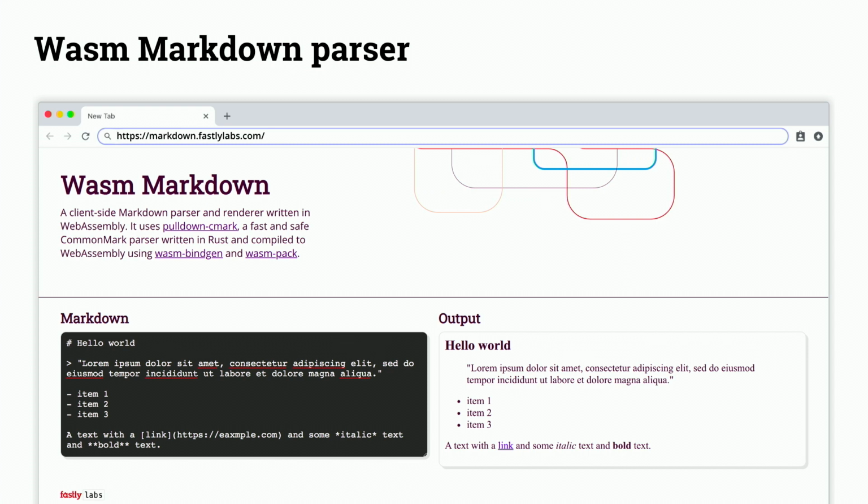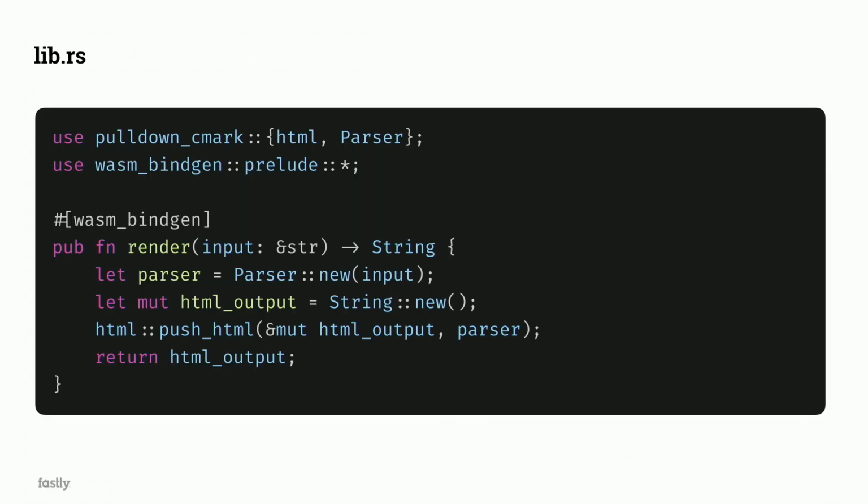To do this, we've made a little demo called markdown.farsilabs.com. Let's have a look at the code. I've chosen this example because it shows that you don't even need to know Rust that much to take advantage of pre-existing solutions to problems that you may have. Firstly, I'm importing a library called pulldown-cmark, which is our Markdown parser, and the HTML and parser functions from that.